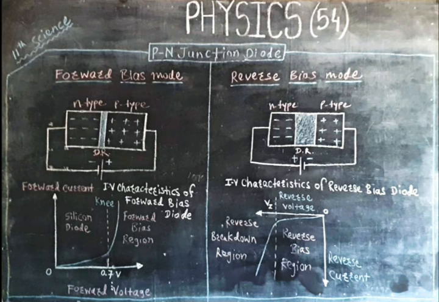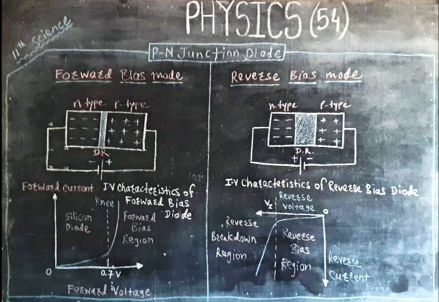When reverse voltage increases, there is not much change in the value of reverse current, but at some point the reverse current is rapidly seen increasing. There is a sudden rise in the current through the junction because charge carriers gain extra energy, cross the barrier, and current will flow.